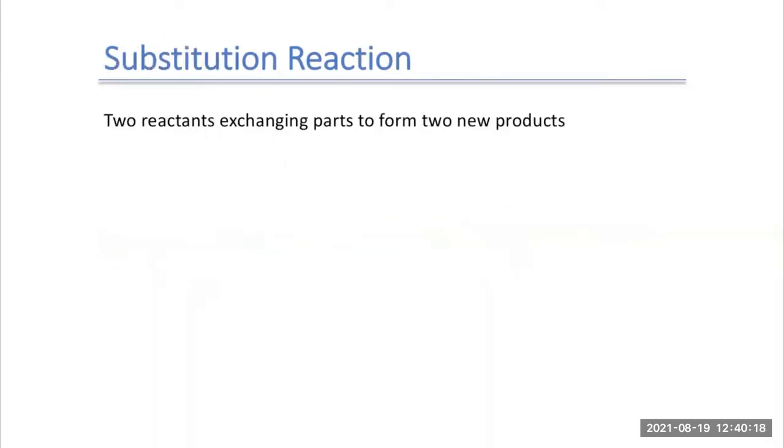A third type of reaction is called a substitution reaction. And this is where 2 reactants come together and they'll exchange parts of each other to form 2 new products. So let's say we have methanol and HCl.